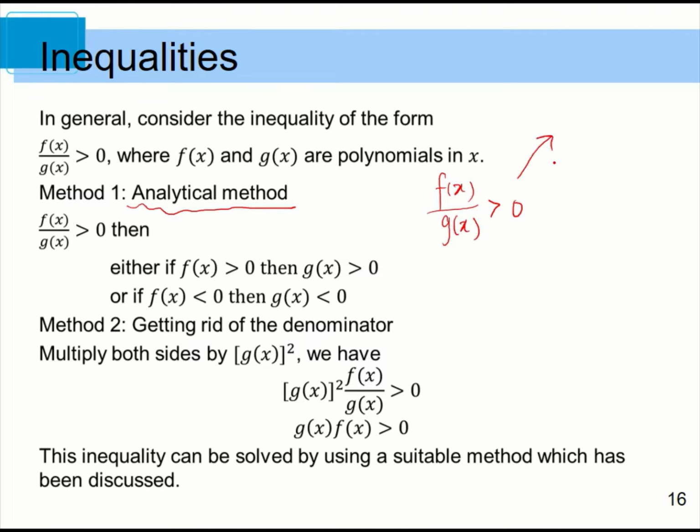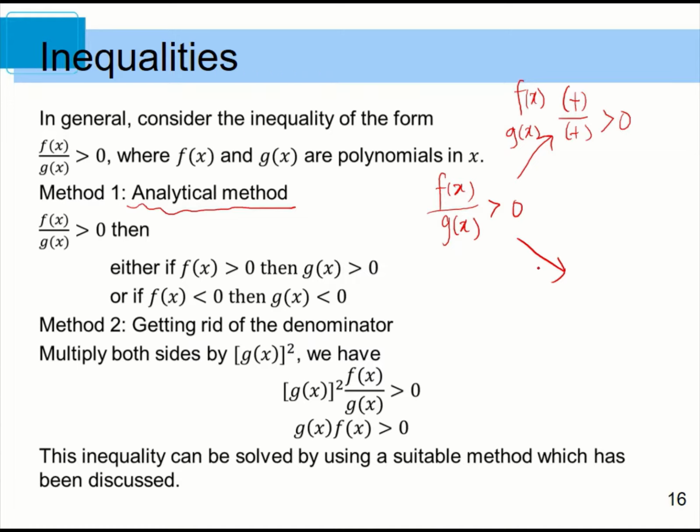Now we can have two possibilities. Number one, if we have positive divided by positive, we will get positive, more than 0. Therefore, we can assume that f(x) is positive and g(x) is positive, and find the x for these two respectively.